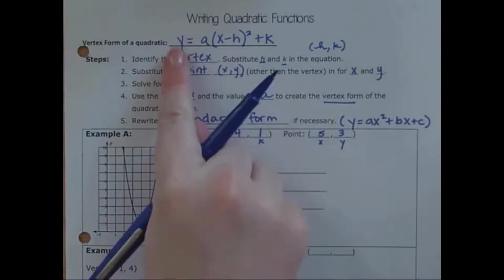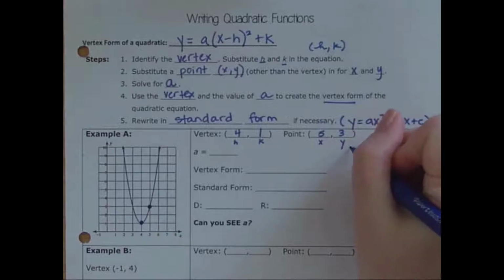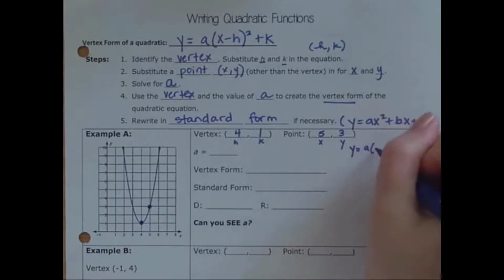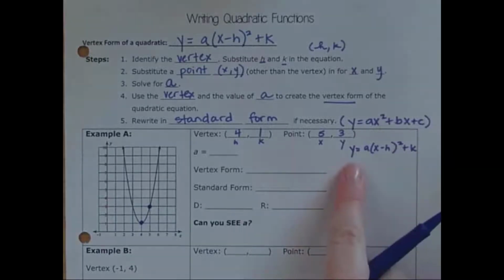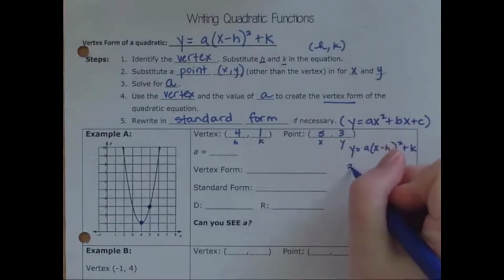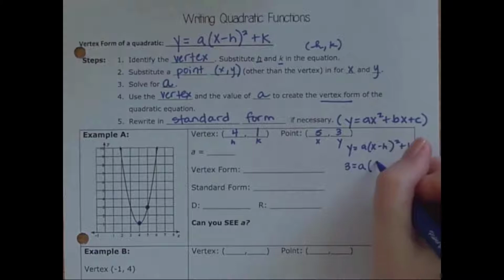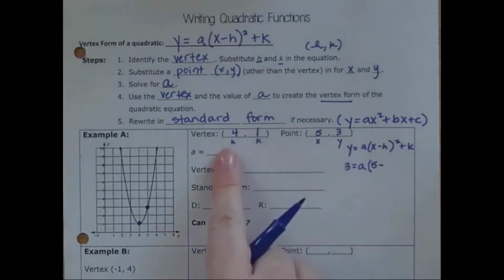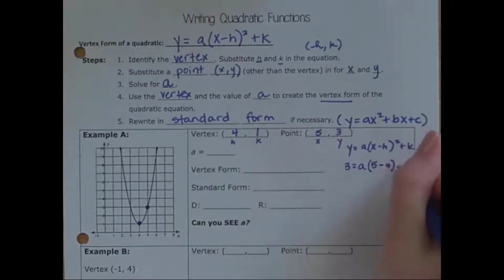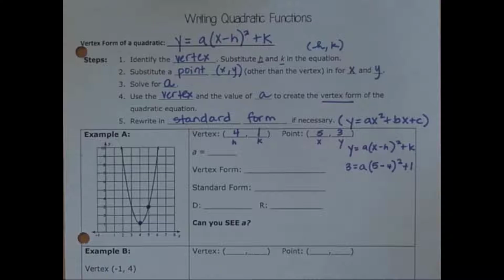So when we're solving in the vertex form of the quadratic, y is 3, a is what we're solving for, x is 5 minus h, which is 4, plus k. Okay. So then we solve our equation.